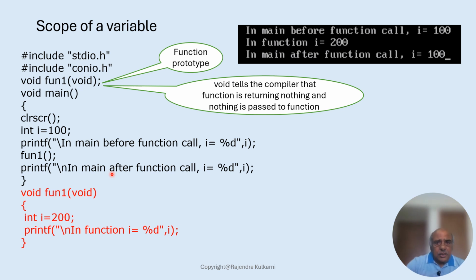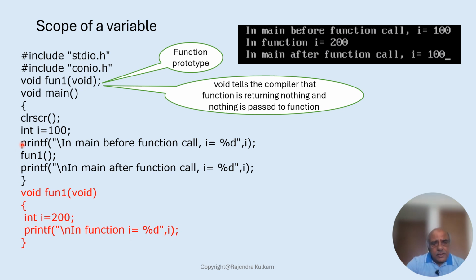So what we are seeing here is, in main, before function call, i is equal to 100. This printf statement executes and gives the value of i as 100. Then the program goes to fun1, in which another printf statement, in function i is equal to 200, displays the value assigned to i in fun1.